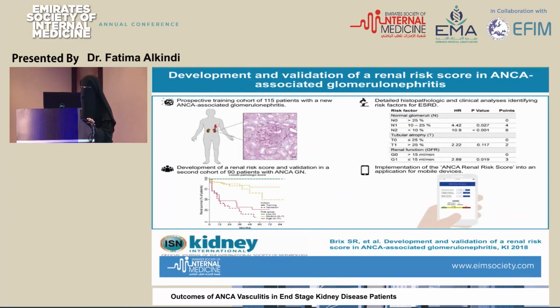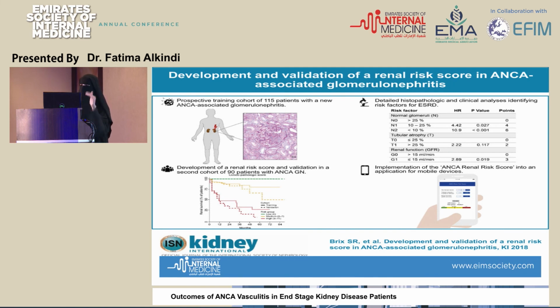And there is this nice renal risk score for ANCA-associated vasculitis that was developed. It is basically looking at the biopsy findings of the patient and the kidney function with estimated GFR, with 3 different predictors: normal glomeruli, tubular atrophy, along with the estimated GFR at presentation.